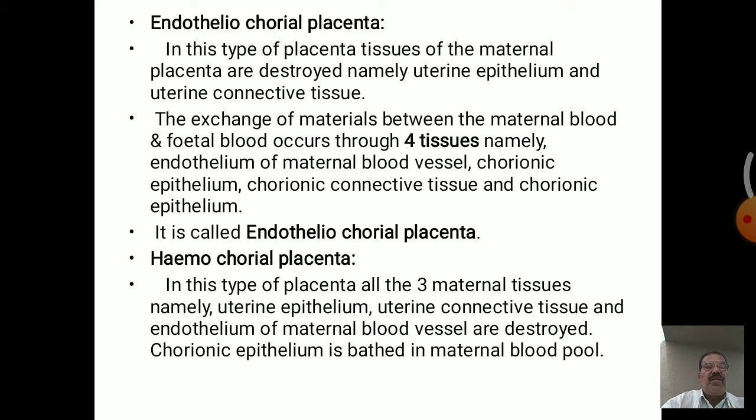Next one now, hemochorial placenta. In this type of hemochorial placenta, all the three maternal tissues, namely uterine epithelium, uterine connective tissue, and endothelium of maternal blood vessels, are destroyed. Chorionic epithelium is bathed in maternal blood pool.